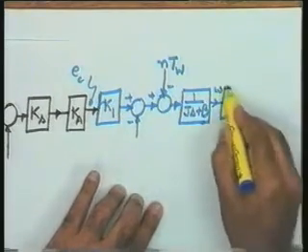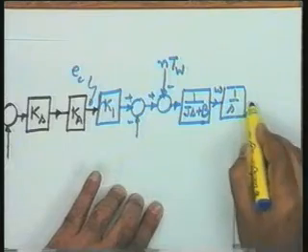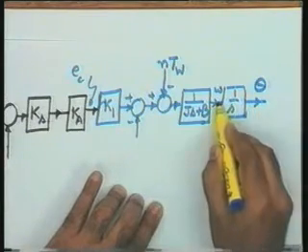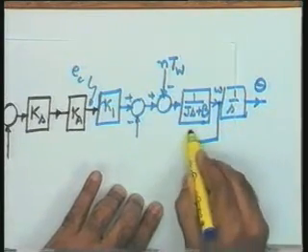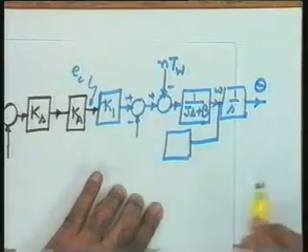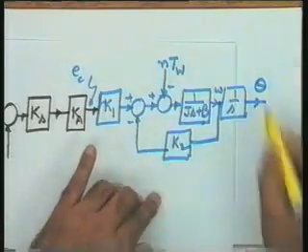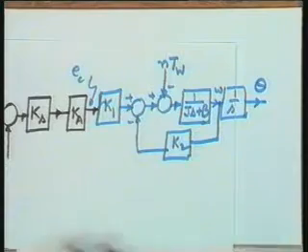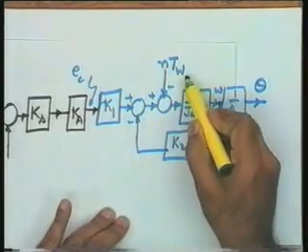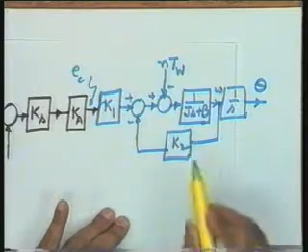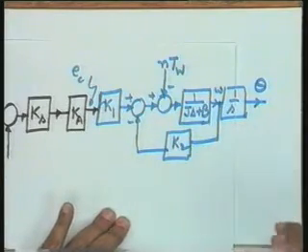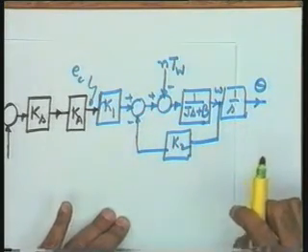Here I put a 1 over S block. This gives me theta. From omega I pick up this particular feedback signal which is inherent in the motor. The constant is K2. This completes the block diagram model of the motor. The only point of caution is that NTW is the reflected torque on the motor and J and B are the equivalent quantities on the motor shaft.